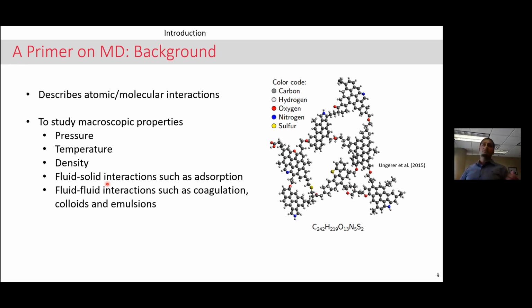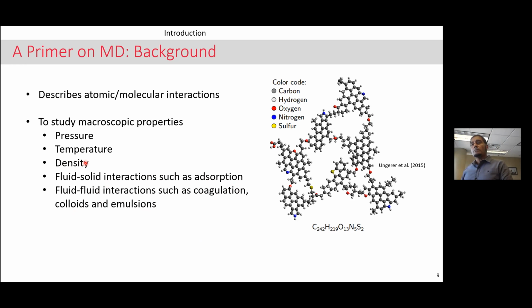So if you want to study the behavior of methane enclosed in a graphite pore or a silica pore, you will have a molecular model of methane and a molecular model of silica, and you put them both together and try to understand how they behave at specific temperatures and pressures, so that you can say something about adsorption. Perhaps you can talk about coagulation or colloids or emulsions. You can quantify densities. You can say something about the volume of the material and things like that.